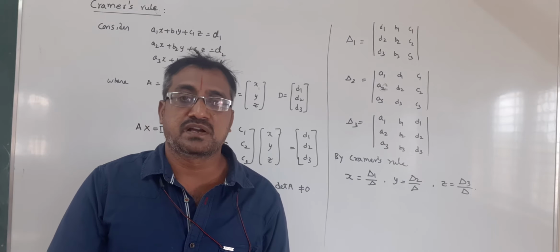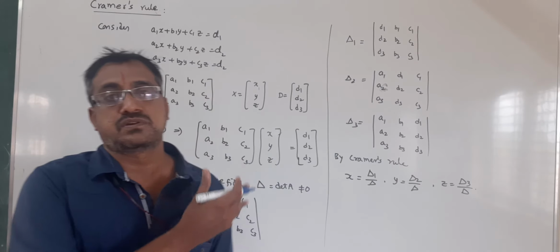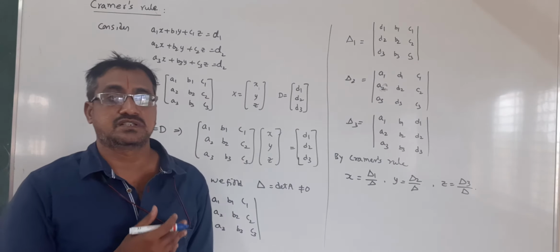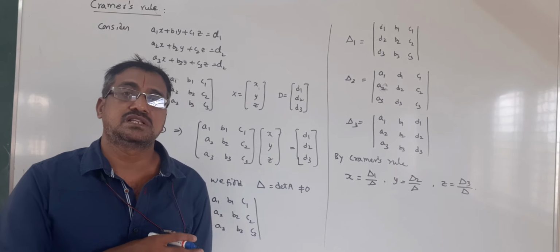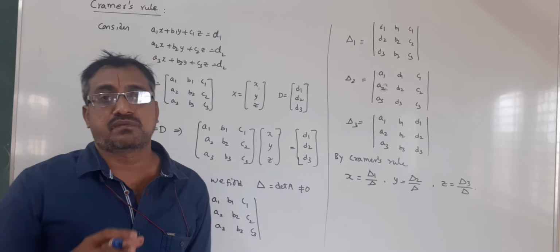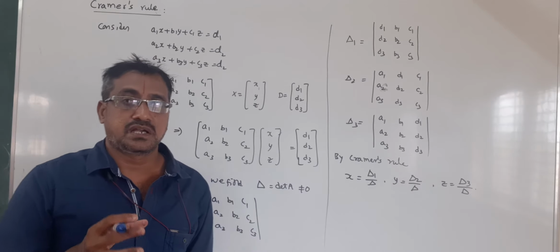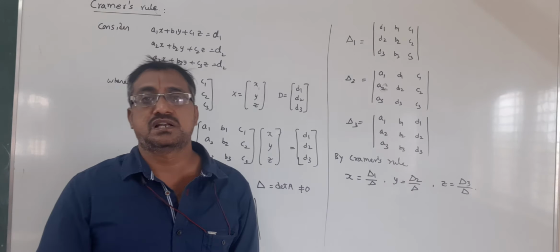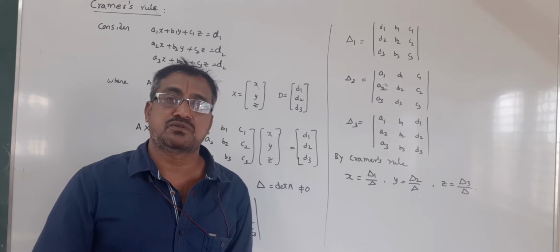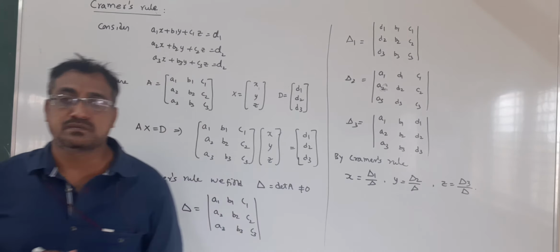You can verify whether your values are correct or wrong by substituting in the given equations. This method is known as Cramer's rule. In this method you find delta, delta 1, delta 2, delta 3, and x is equal to delta 1 by delta, y is equal to delta 2 by delta, z is equal to delta 3 by delta.